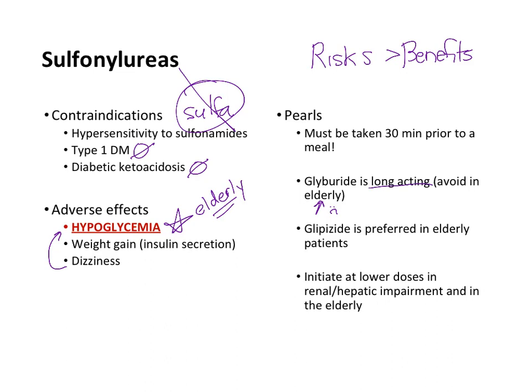The patient should take these medications about 30 minutes prior to a meal. Because they work so quickly, they can work right at the time that the meal is being ingested. And you would want to adjust doses based on the patient's renal and hepatic function. In general, I would not put these on the list of a drug of choice for an elderly patient, just because the risks of hypoglycemia are so great.